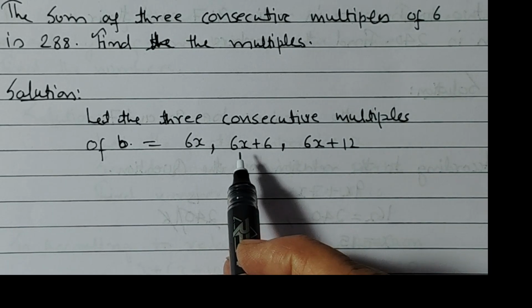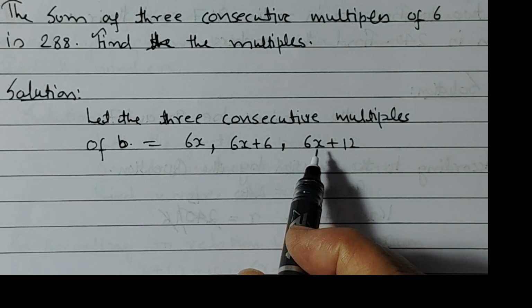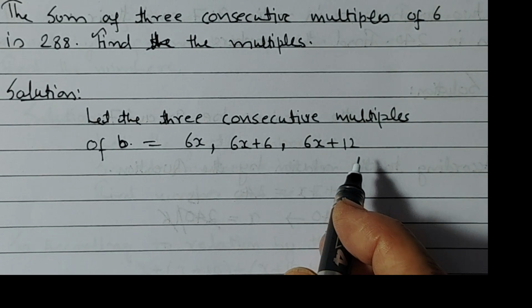These are the consecutive multiples of 6: 6x, 6x plus 6 and 6x plus 12.